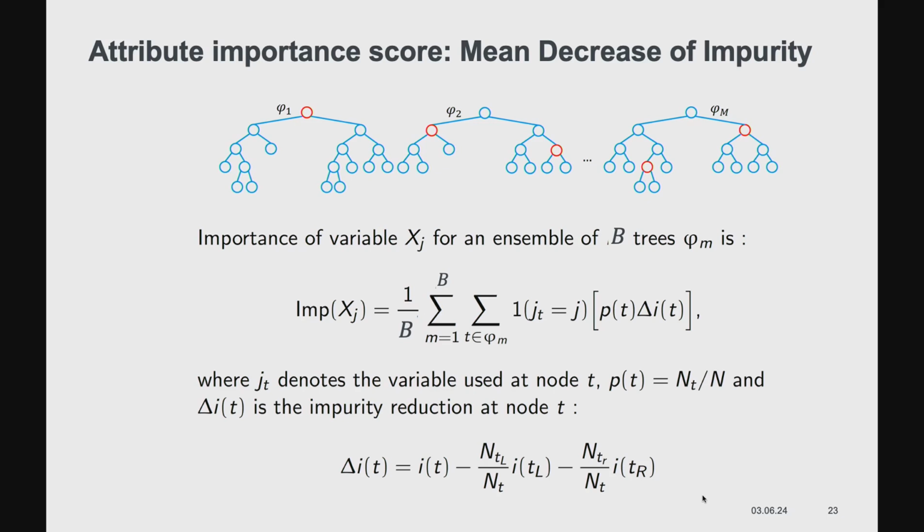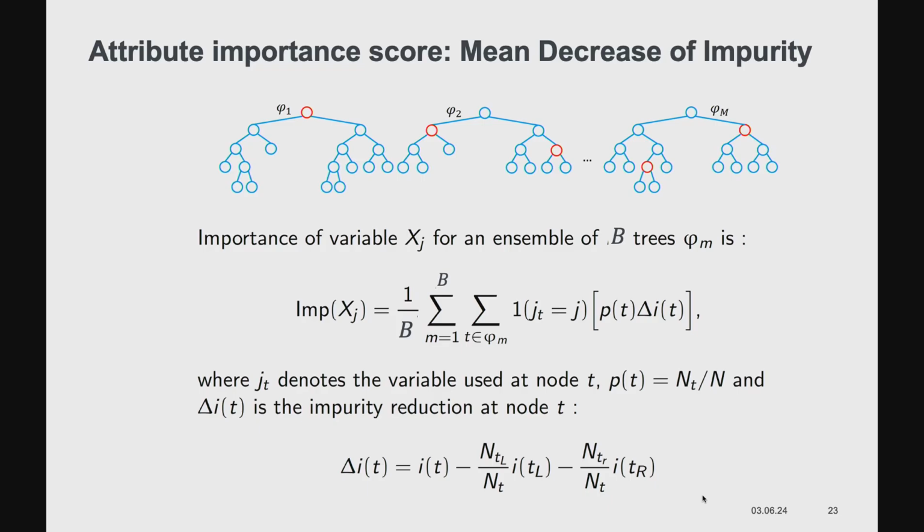time. So for an ensemble of trees, P many trees, phi of m, so each tree is indexed with this m, I look at the impurity importance of such a random variable xj, so this is an attribute, by going over all the trees, by looking at all the nodes in my tree, and for every node, I ask whether this node looks at this specific attribute.